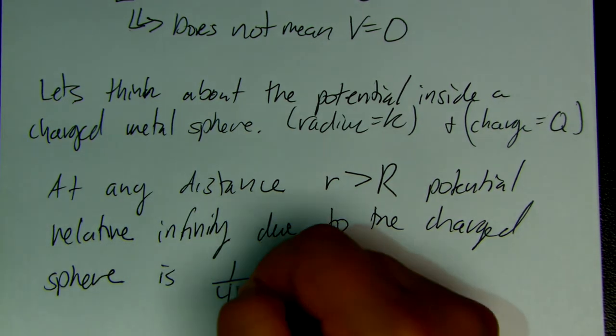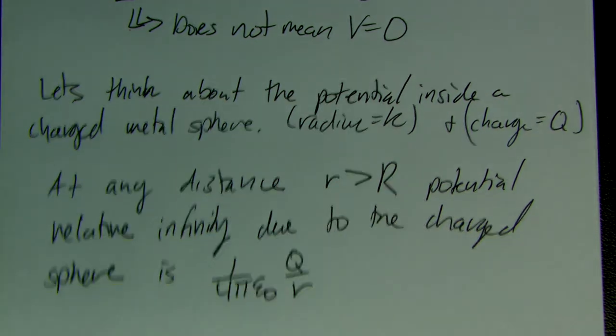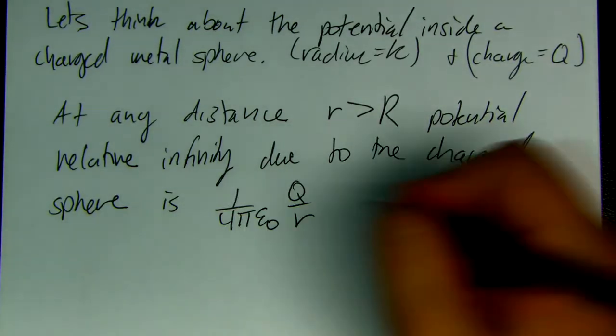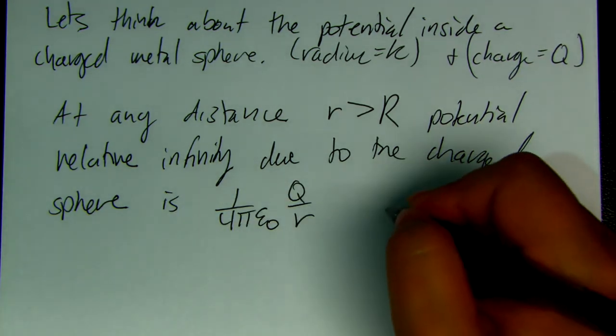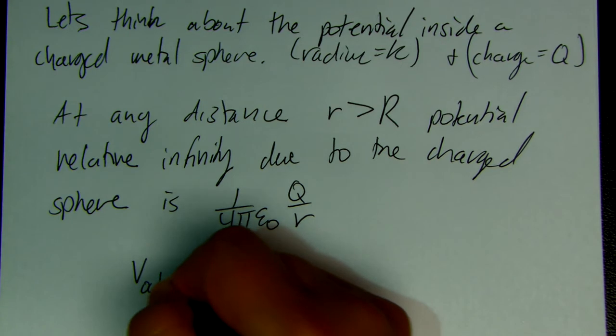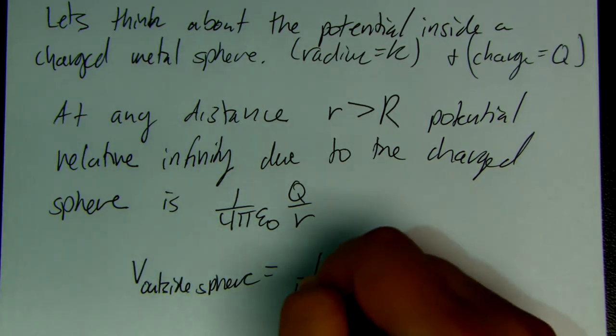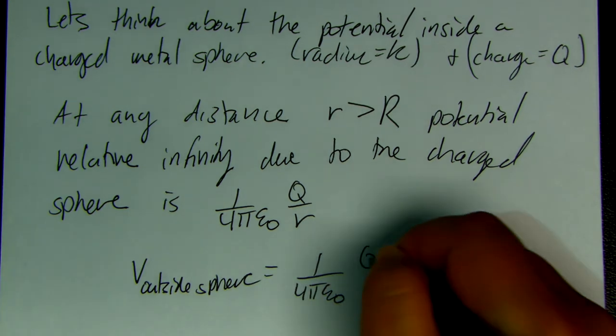So V outside the sphere is 1 over 4 pi epsilon naught, Q over r.